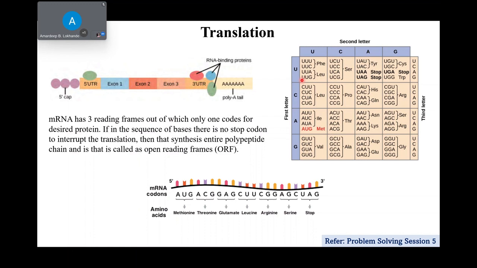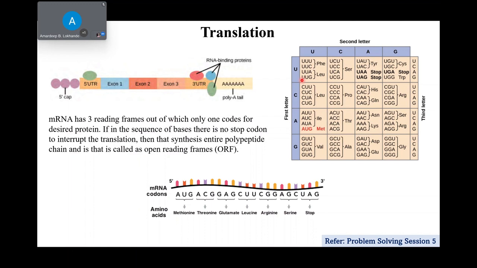But remember that one codon will always code for one amino acid no matter what. It cannot code for two amino acids. That's why you have 20 amino acids but 64 triplets, 64 codons. So there has to be redundancy, among which UAA, UAG, and UGA are called the stop codons.